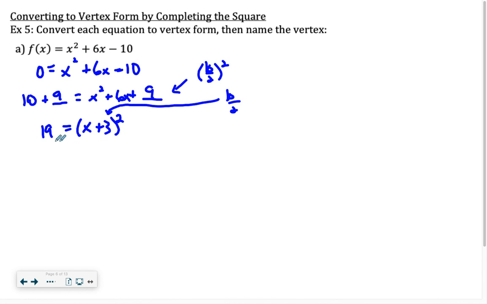Now, finally, if I subtract the 19 back over, I'm going to get x plus 3 squared minus 19.